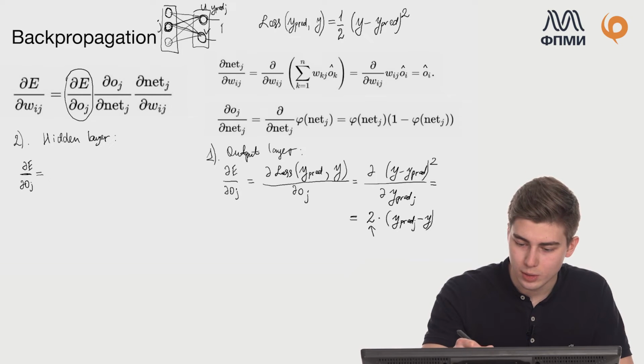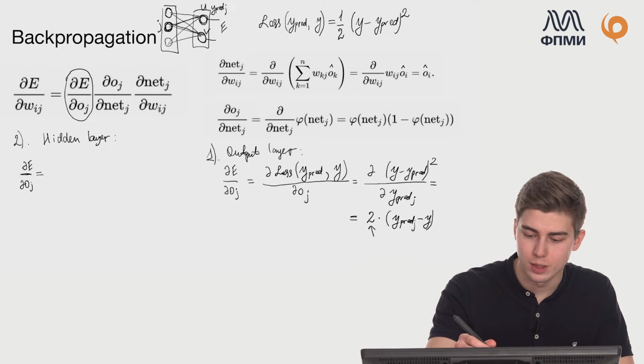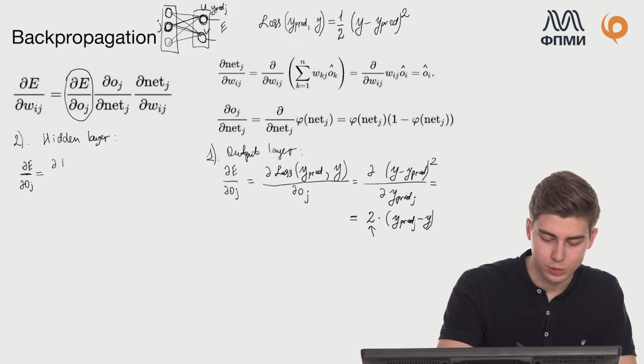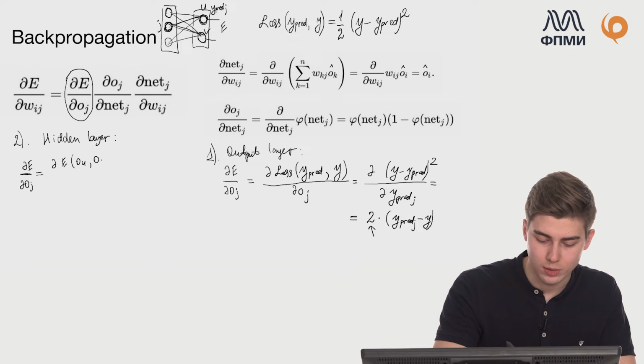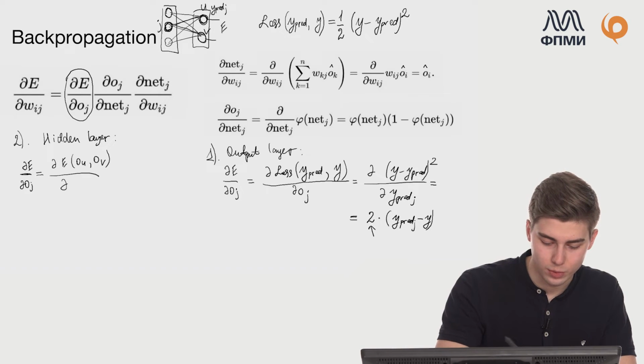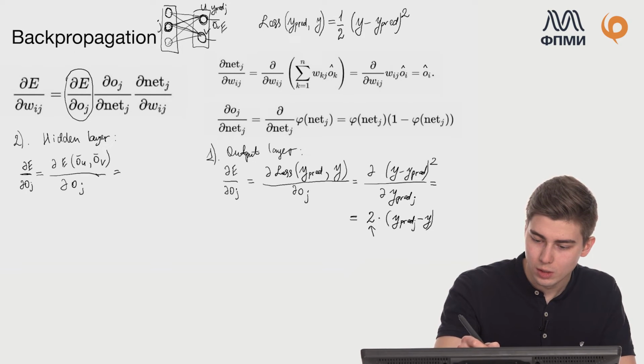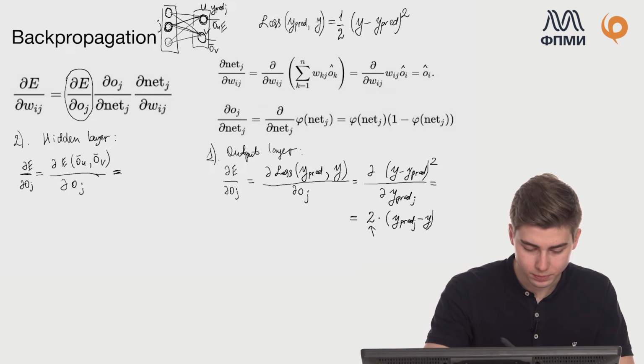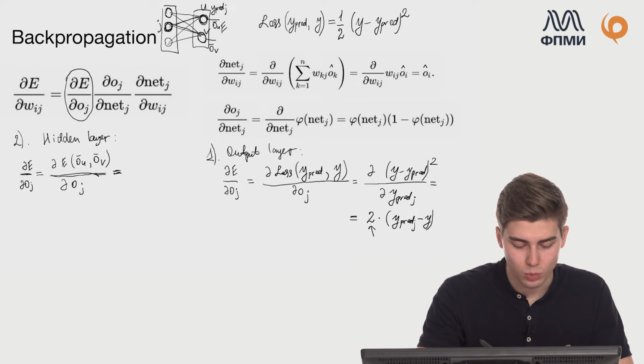We can note that the error depends on the output of the output layer's neurons. We can just write it here: the output of the neuron u and the output of the neuron v with respect to the Oj. And now let me just denote it with some mark.